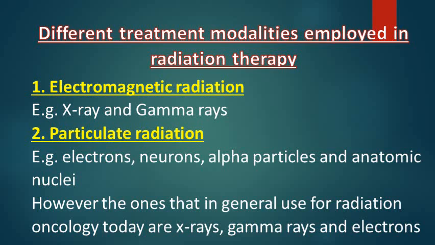And there is particulate radiation like electrons, neutrons, alpha particles and atomic nuclei. They have mass and they may or may not have a charge, like electrons have a negative charge. However, the ones in general use for radiation oncology today are X-rays, gamma rays and electrons.